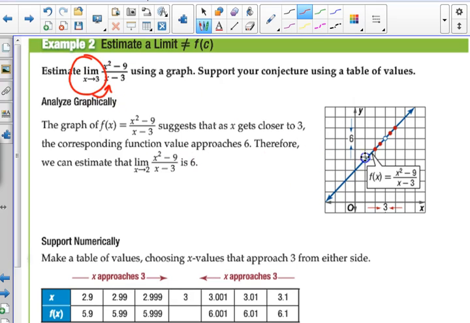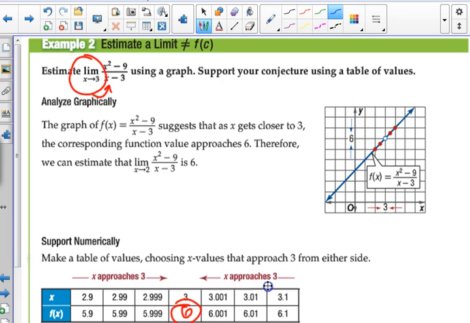As we get closer and closer to 3 from the left, like 2.9, 2.99, 2.999, are we approaching the same number as if we were coming from the right? 3.1, 3.01, 3.001. They're both getting closer and closer to 6.